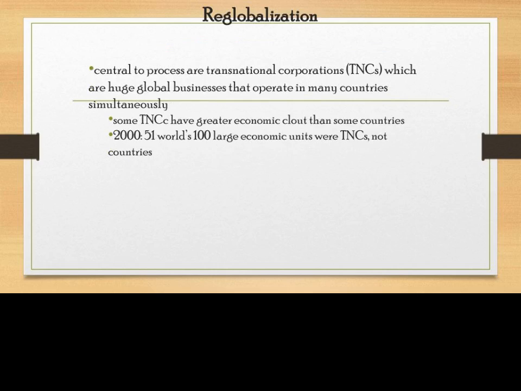The world economy is increasingly dominated by businesses that are located in multiple nation states and sell their products in markets around the world. 51 of the top 100 economic entities in the world are not nation states, but TNCs, or transnational corporations. They're central to this process, and they operate in many countries simultaneously.